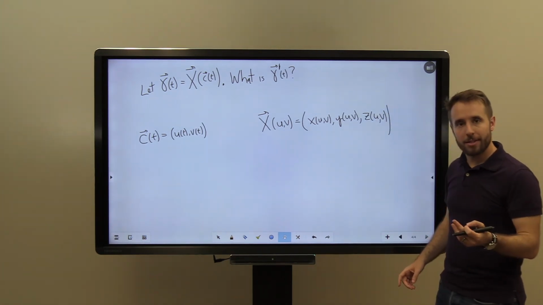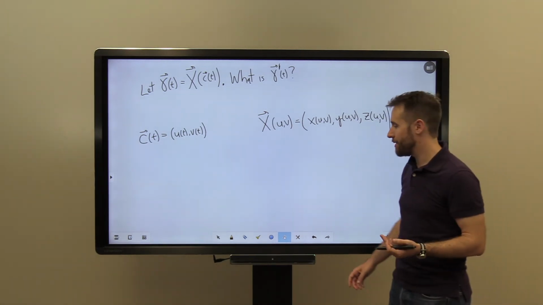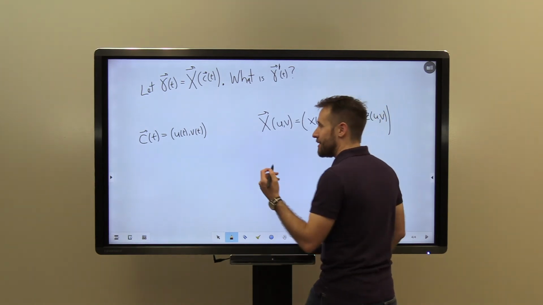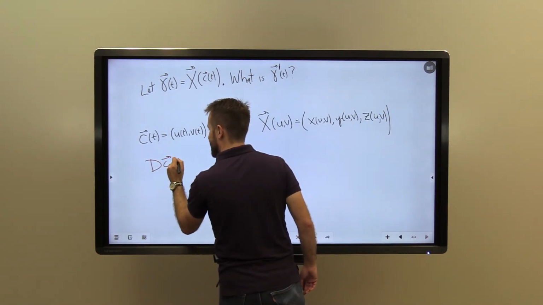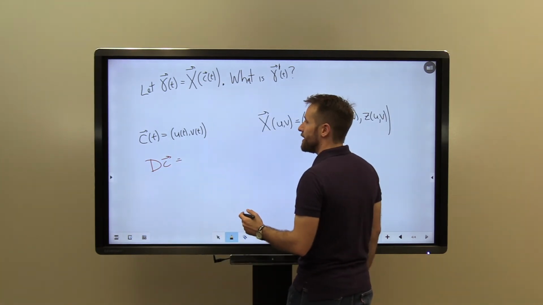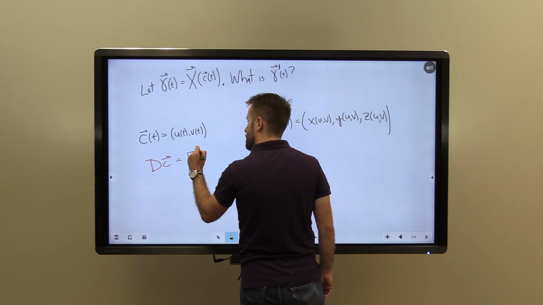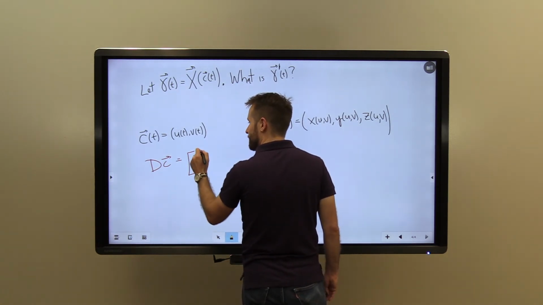To calculate the derivative in a reasonably effective manner, I can calculate the differential of c. Let's calculate dc. That is going to be a 2×1 vector, and specifically, that will be u prime of t and then v prime of t.